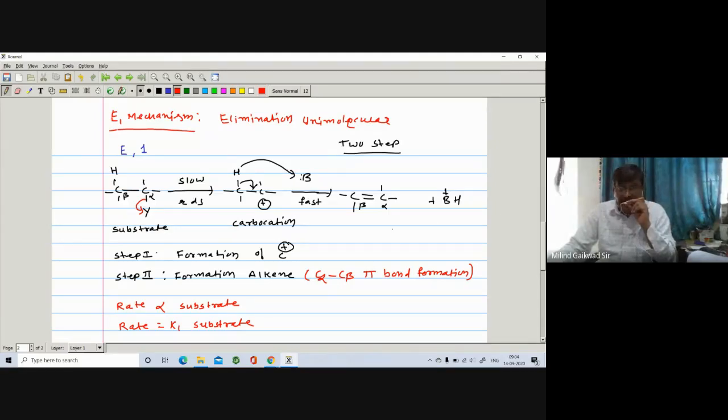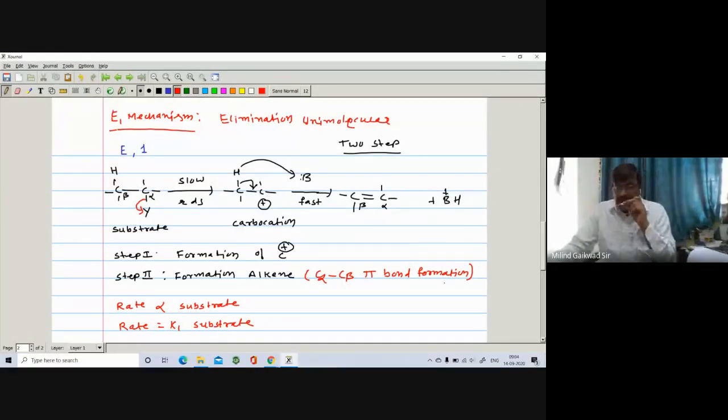So elimination and nucleophilic substitution run parallel. You can get the elimination product, or sometimes you may get the nucleophilic product.